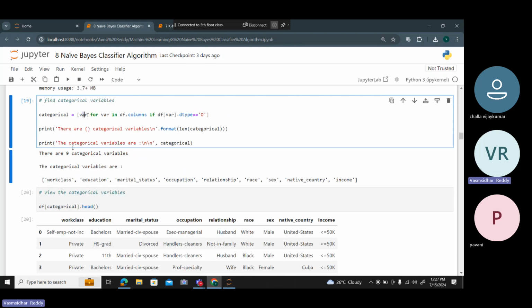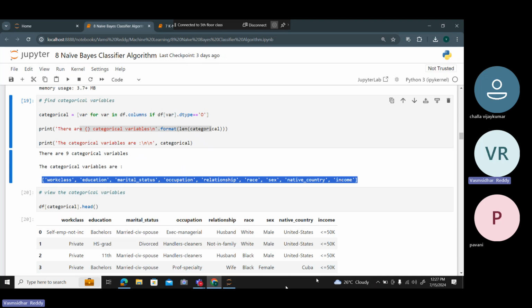Categorical equals, for each column in the columns of the dataset, where the data type equals object, we need to gather those and apply the categorical form. So these are the categorical variables we have in the data.